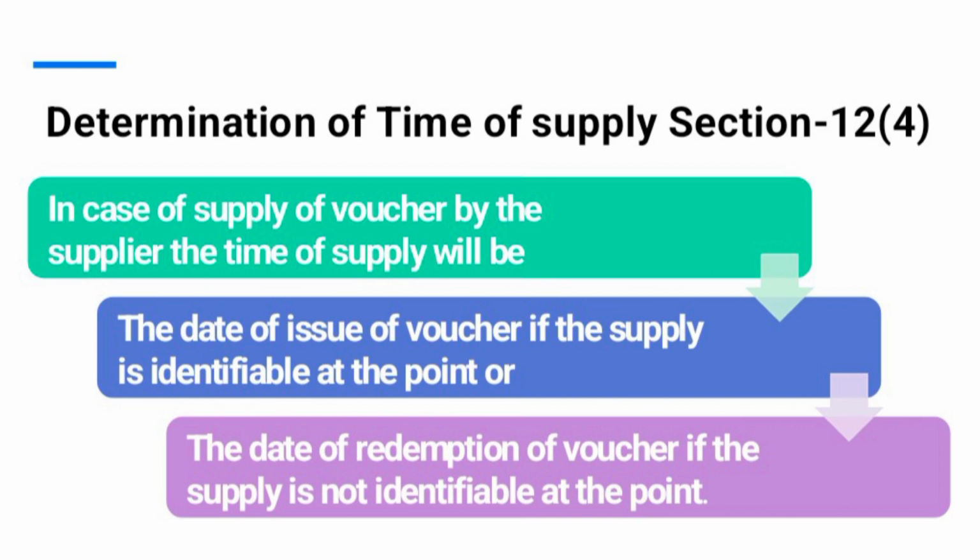That means it is a specific voucher, and the description of goods is identified from the voucher. If the supply is identifiable at the point when the specific item is described in the voucher, then the time of supply will be the date of issue of the voucher.